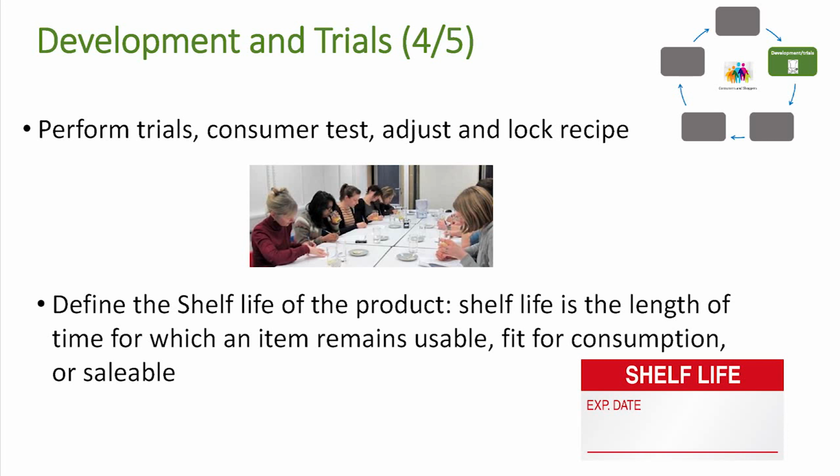Okay? So you are going to perform some trials. Trials means you are going to actually produce what you want to produce, taking into consideration everything, your regulatory requirement, your recipe, your packaging, everything. Okay?